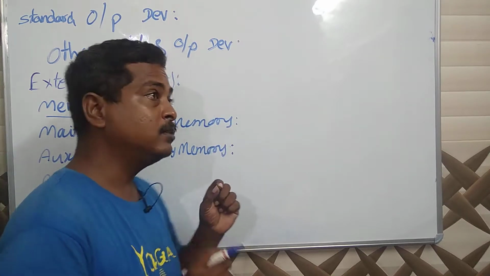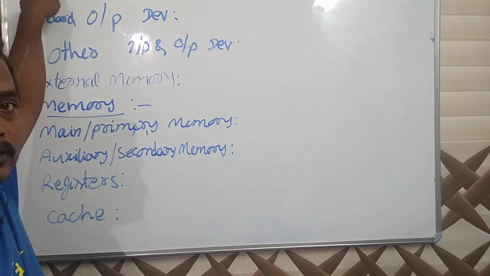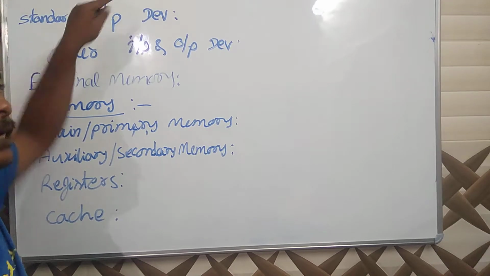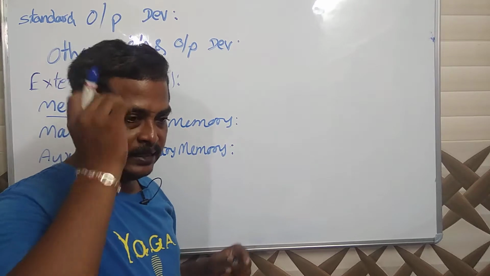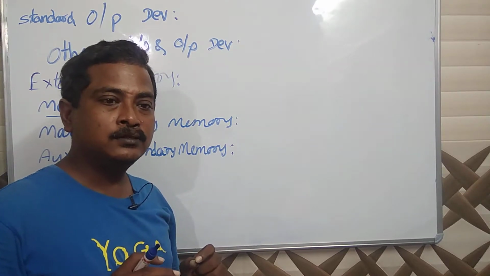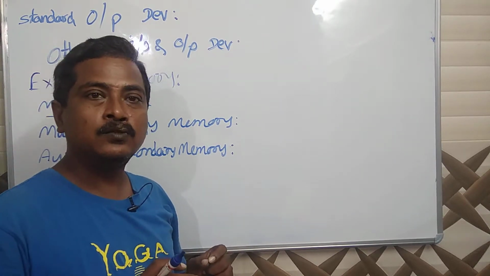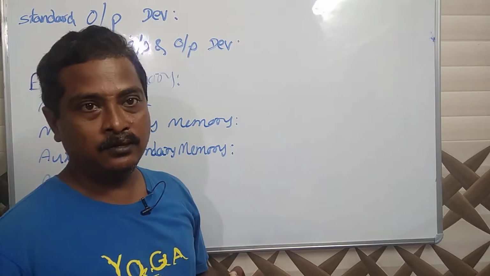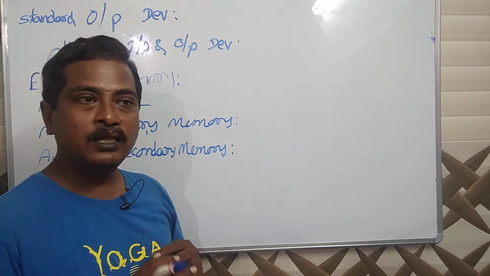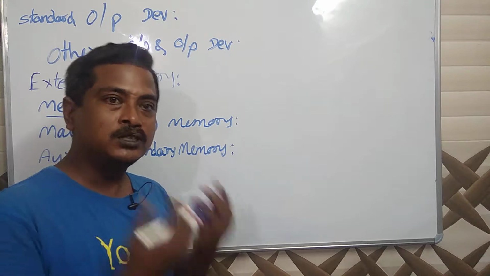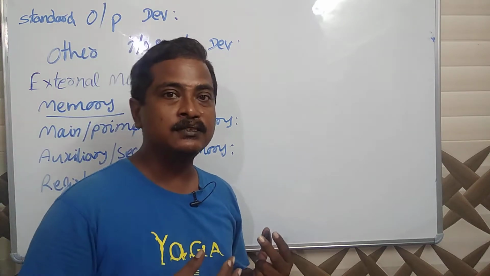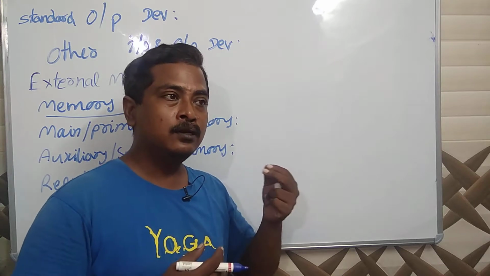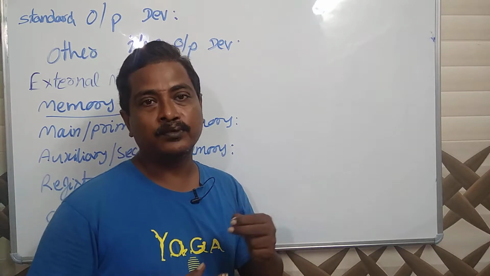there is a term standard input device, and input device and standard input device are different. Standard input devices are input devices which are standardized. In your programming, if you are giving input through those standard devices, it is considered standard input.